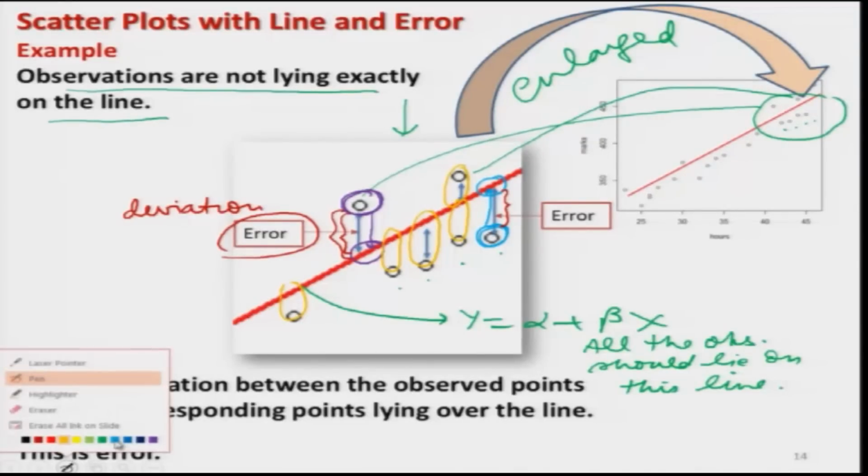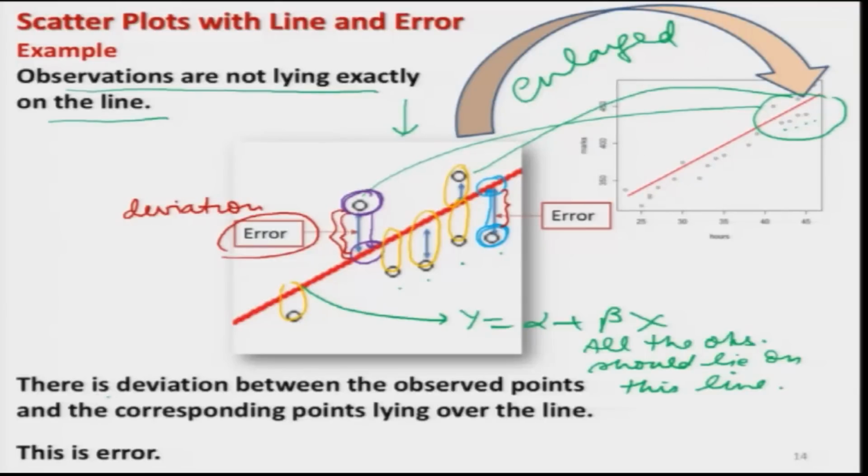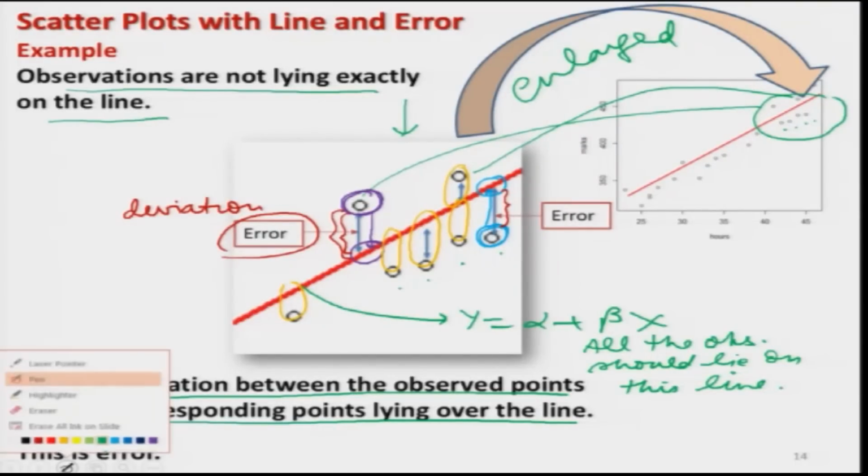So you can now notice that there is deviation between the observed points and the corresponding points lying over the line, right. And one thing you have to observe here, that in this case there are 2 values, x and y.